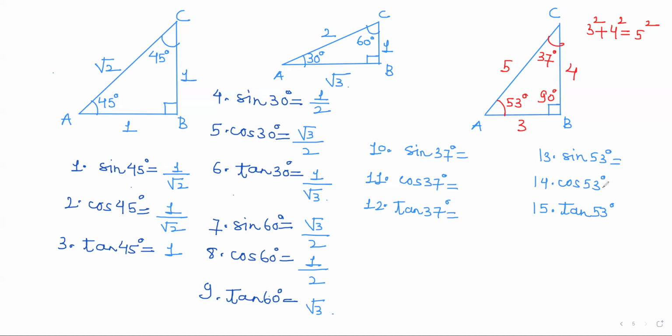Sine 37 is 3 by 5. Very good, Nevan. So you learned two new angles, right? 37 and 53 degrees.